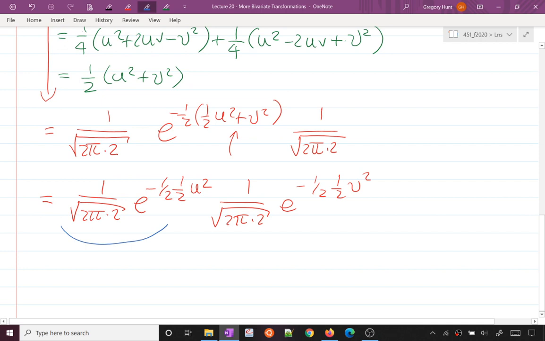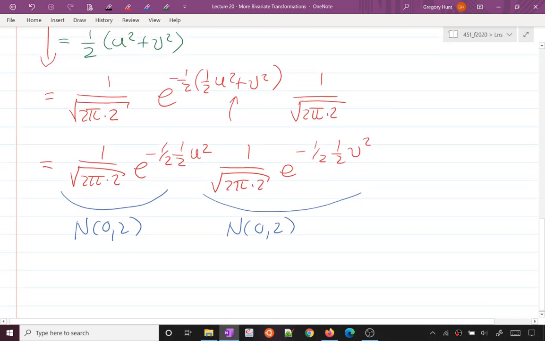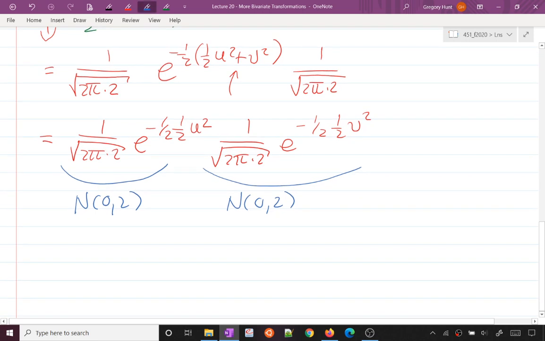But what you'll see now, as I point out, is that each of these is a normal 0-2 distribution. So if the variance were 2, then these would be normal 0-2 distributions. Furthermore, we have a function, say h of u, that is just a function of u, and let's say g of v, that is just a function of v.